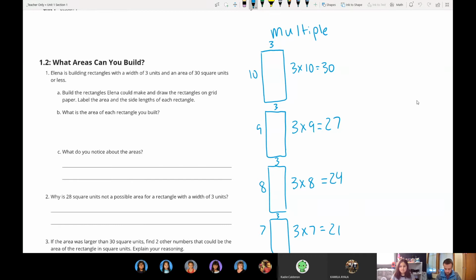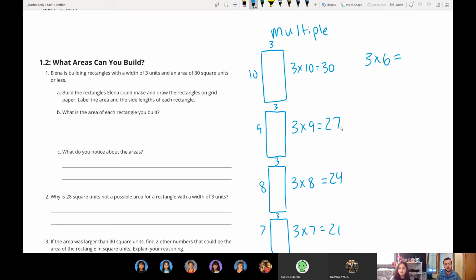Okay, so I'm going to quickly go through these patterns then. I'm not going to draw rectangles anymore if that's okay. So we have 3 times 6 is the next rectangle. Do you know that one, Malia?